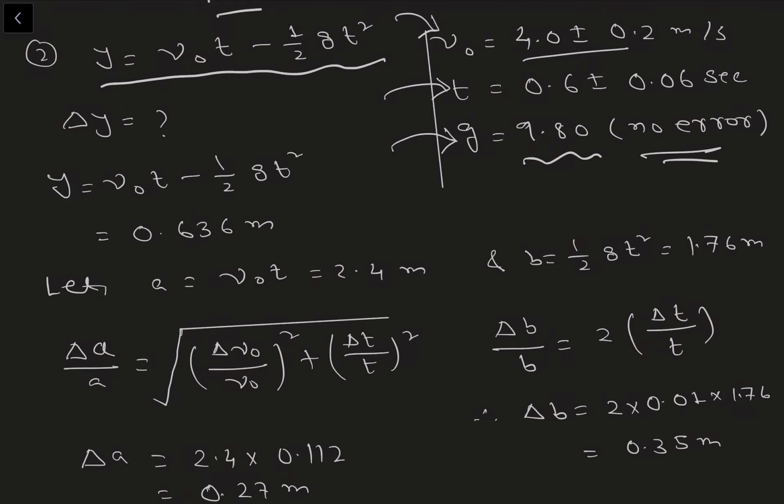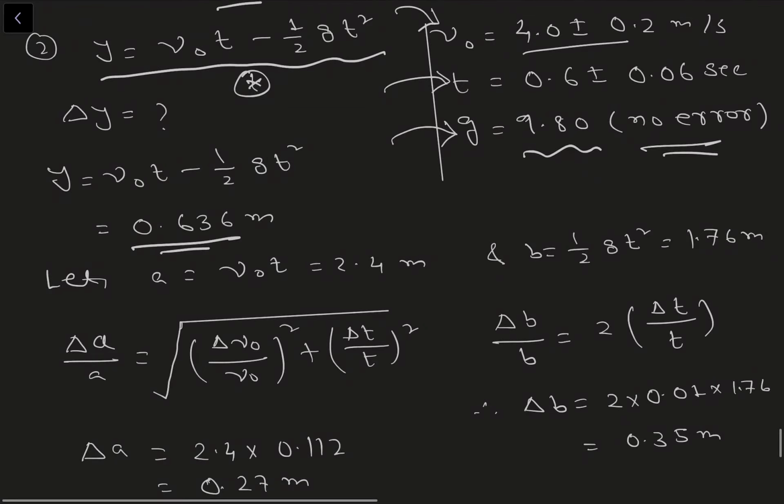It is assumed that g has no error. Let us take it 9.80. So this is actually the equation of displacement when an object is thrown vertically upward with the initial velocity v0. So y is coming out to be 0.636 meter if we put all the values.